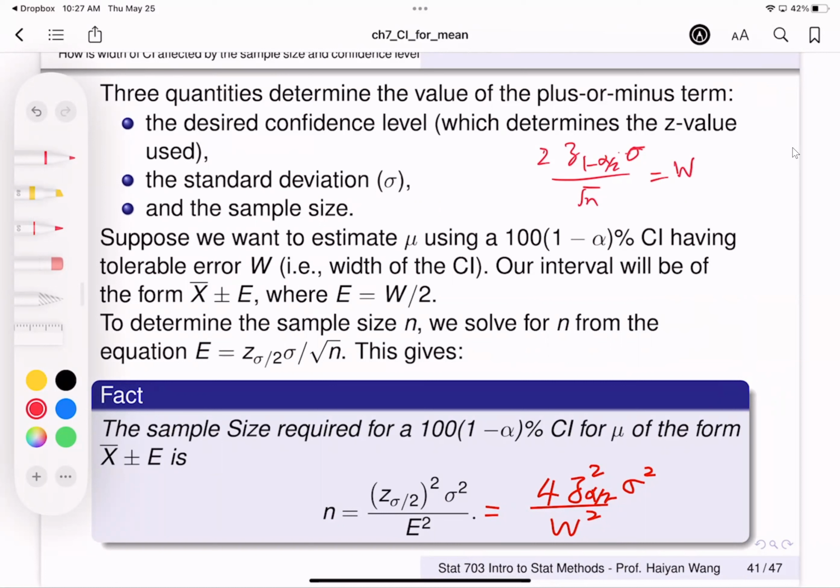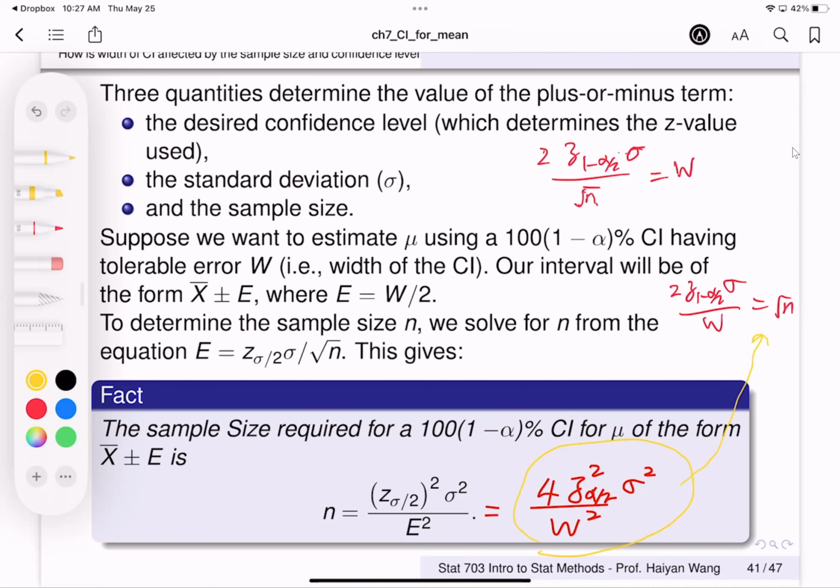We can multiply square root of n on both sides, and we will have 2z and sigma over the w, that becomes the square root of n. So we can square both sides. That will give us 4 times the z squared and sigma squared over w squared. So this is the formula for the sample size n.